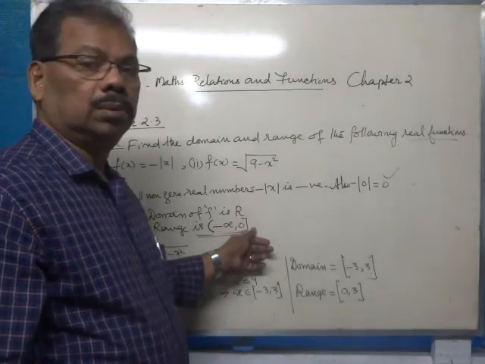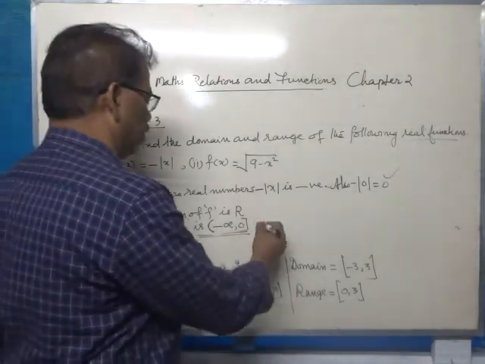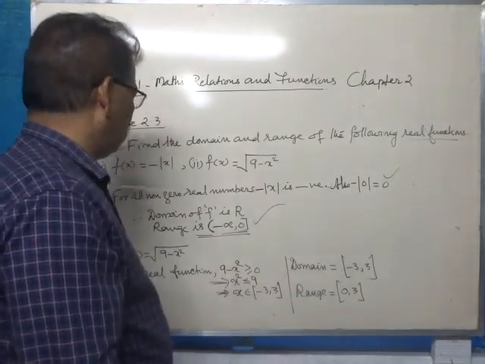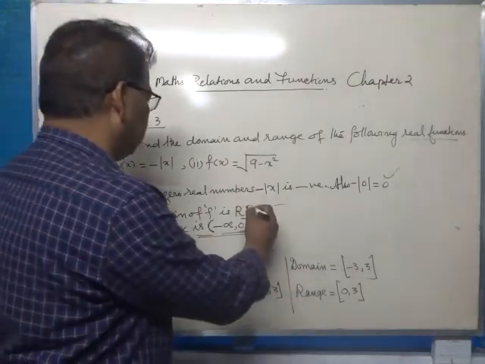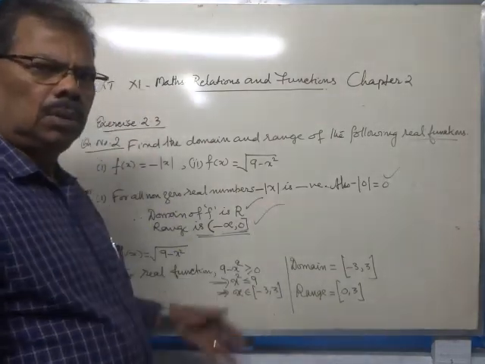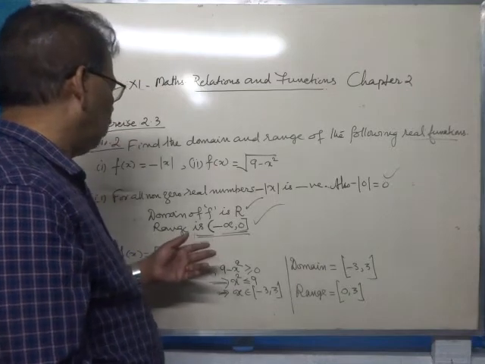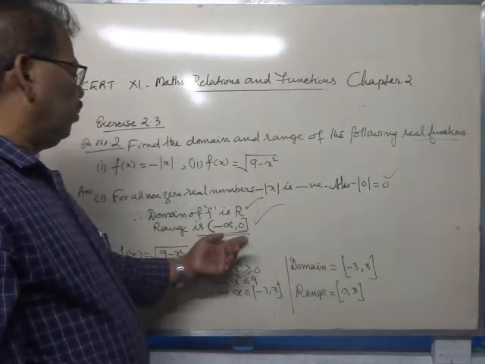Here it is closed, including 0. So the domain of the function is R, all real numbers, and the range is the interval negative infinity to 0.